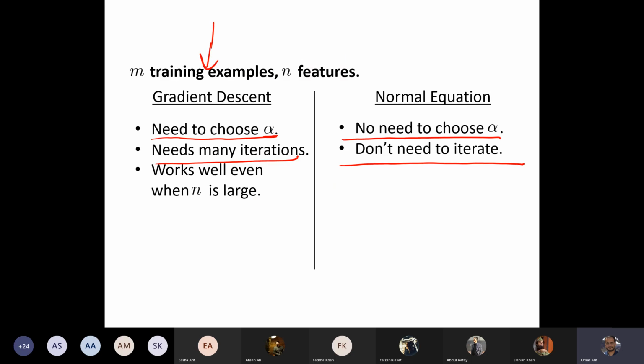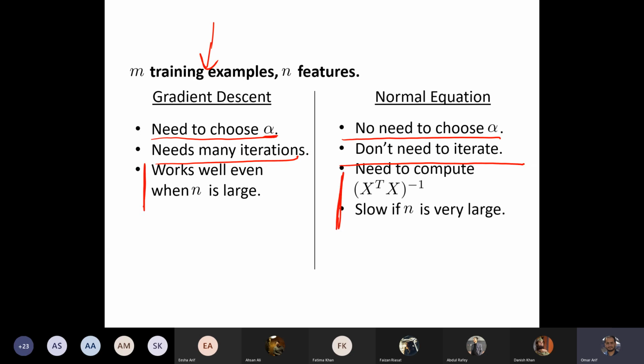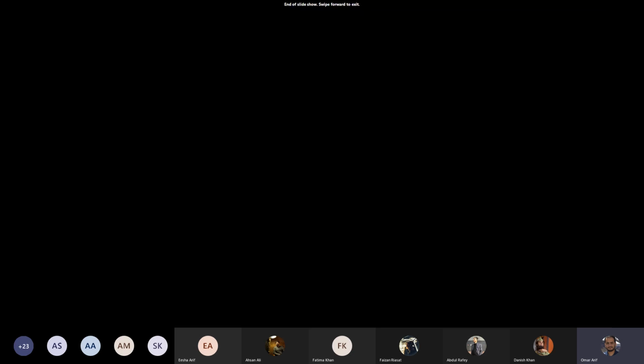However, if your n is large or m is large, in that case, gradient descent will still work, but the normal equation will be very slow. Okay? So that is why gradient descent is the approach that we take for large scale problems. This finishes the lecture, and we're going to do an example of linear regression. So before doing that, any question?